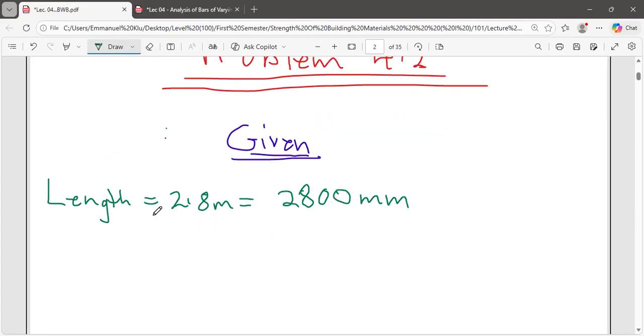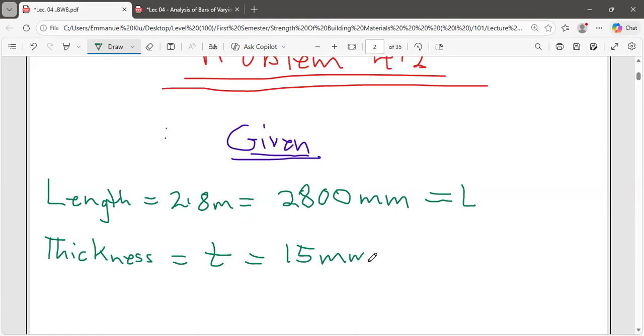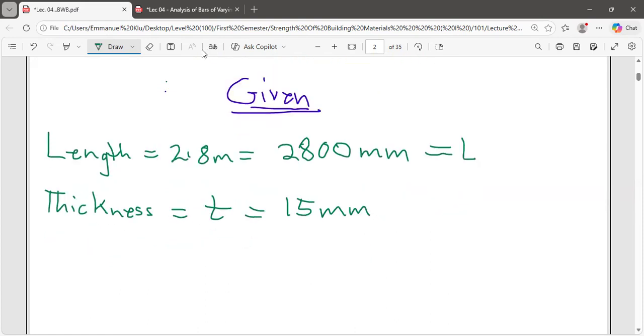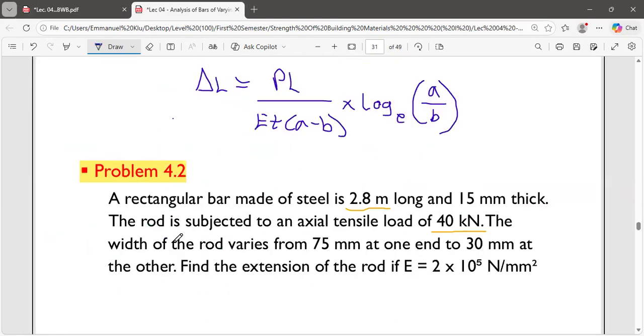So the thickness of the bar, taking that the whole of this is just equal to the L, the thickness, which is equal to the T, is equal to 15 millimeters. Also, the rod is subjected to an axial tensile load.